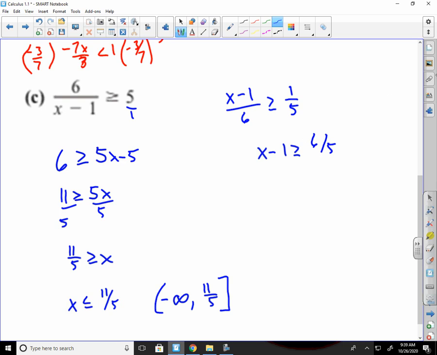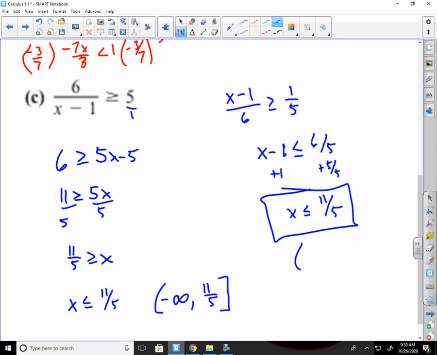Whenever you flip it, you have to flip this inequality as well. So it's less than or equal to 6 over 5. Then I add the 1 over, which is 5 over 5. Gives me x is less than or equal to 11 fifths. I get the same answer here. Negative infinity to 11 fifths. Bracket.